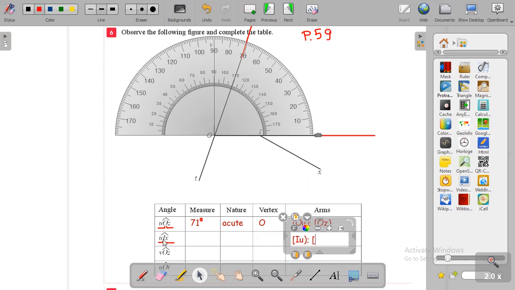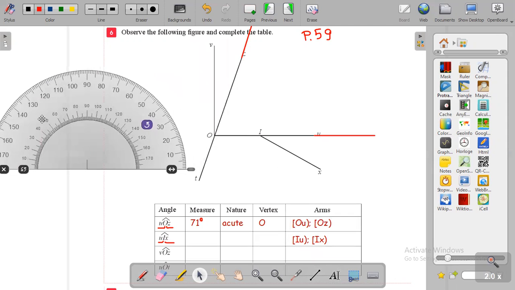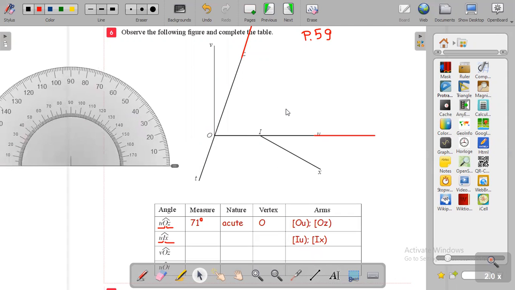Now IX. So we have to elongate IU from U. We elongate IU. So now we have to elongate IX from X. We use a ruler to elongate.